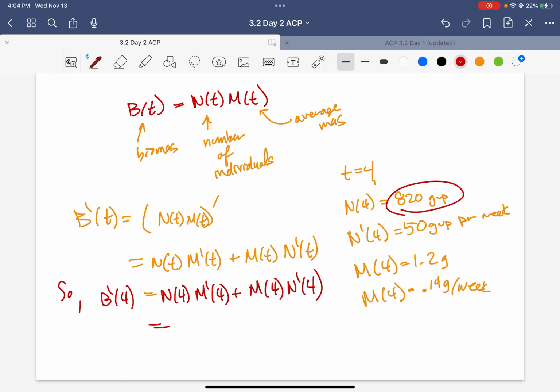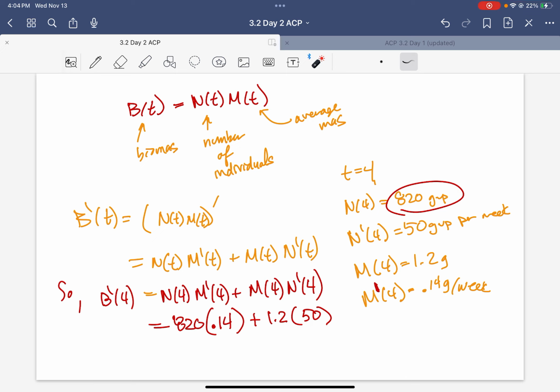N of 4, they said, was 820 guppies. M prime, they said, was 0.14 grams per week. Plus M at 4, they said, was 1.2. And N prime is 50 guppies per week.